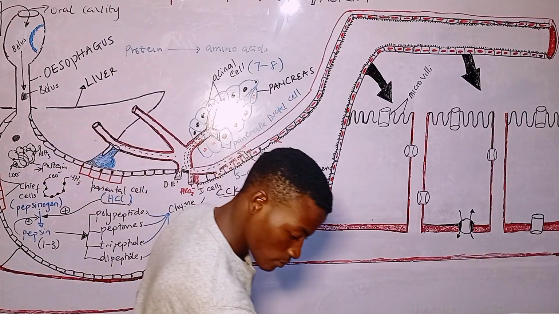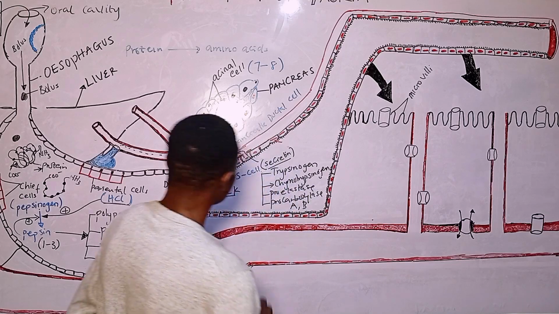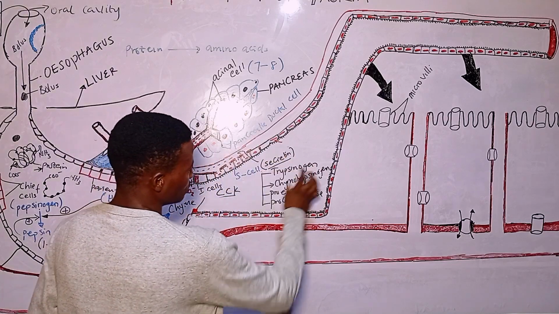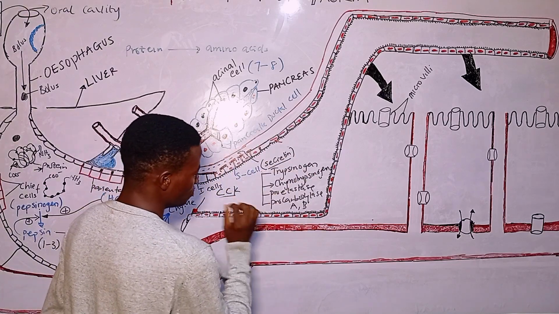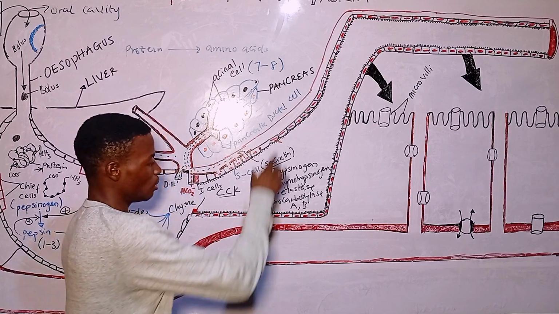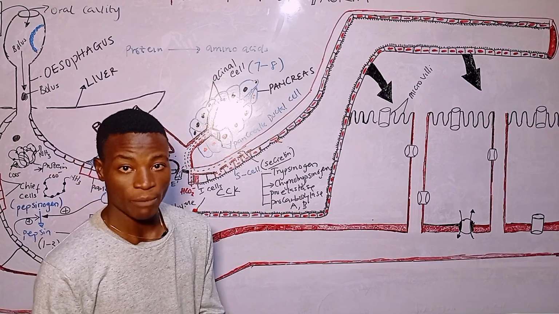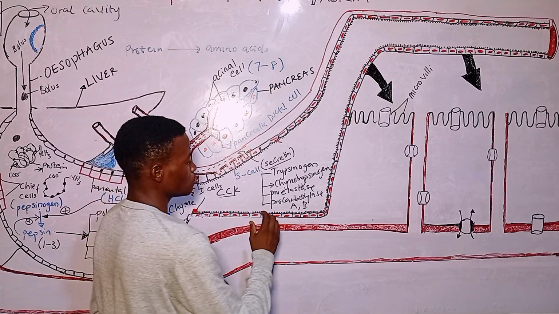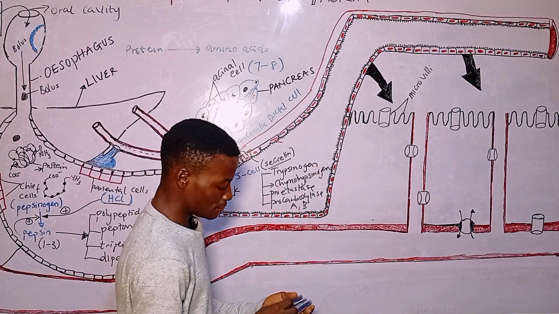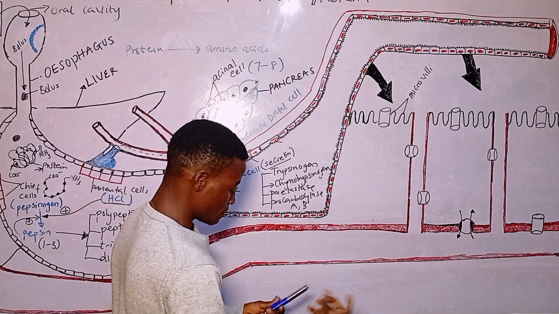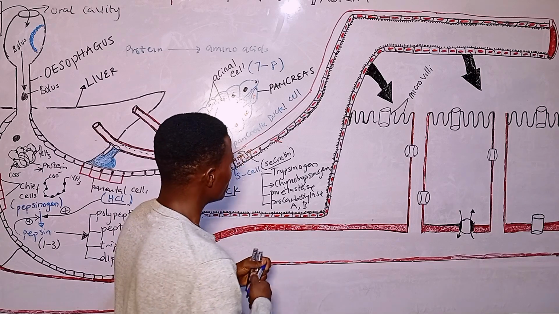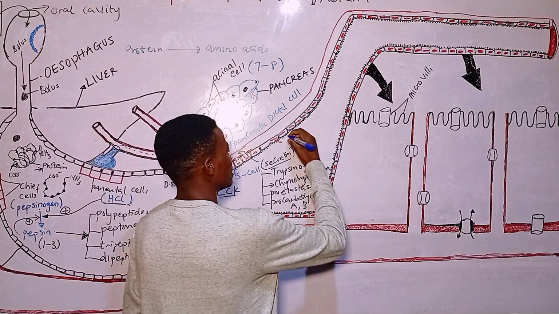So now, what happens here is that trypsinogen, chymotrypsinogen, proelastase, and procarboxypeptidase A and B, all these enzymes are present in their inactive form, which is the zymogen form. Now, in order for them to be converted to the active form, there is a special type of enterocyte, which is the intestinal cell.